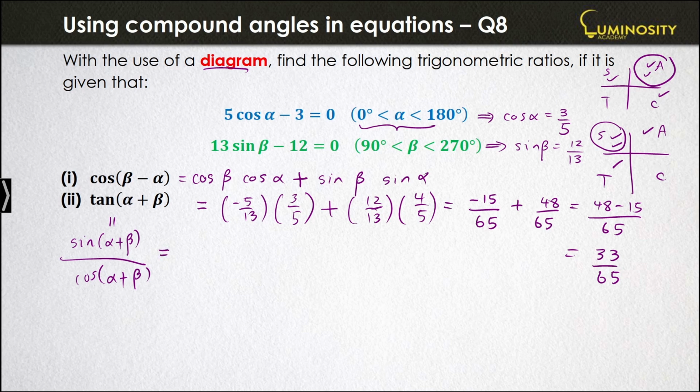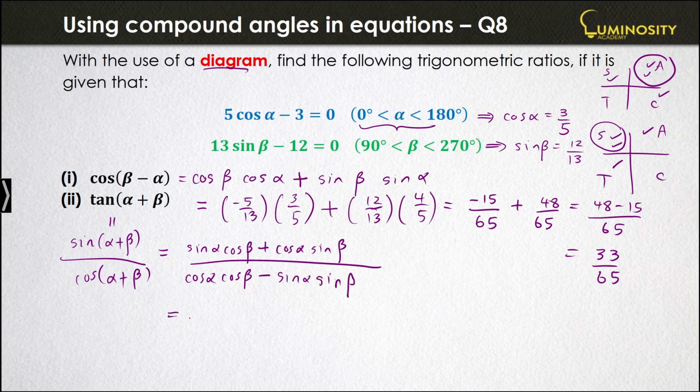So in the numerator, that expands to sine alpha cos beta plus cos alpha sine beta. And then in the denominator, we have cos alpha cos beta minus sine alpha sine beta.